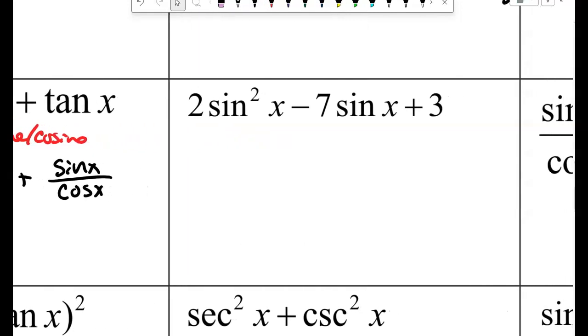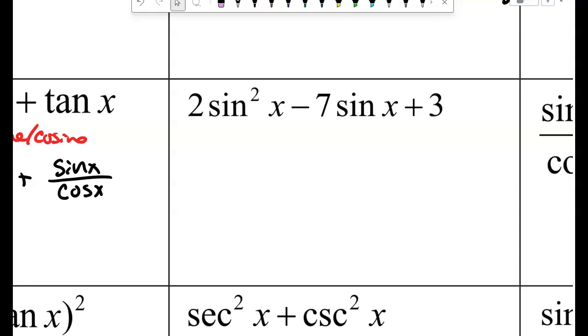2 sine squared x minus 7 sine x plus 3. This is brand new. We haven't seen one like this yet. What does that feel like? It's like we foiled it, right? So what's the opposite of foiling? Factoring by what? How many terms?